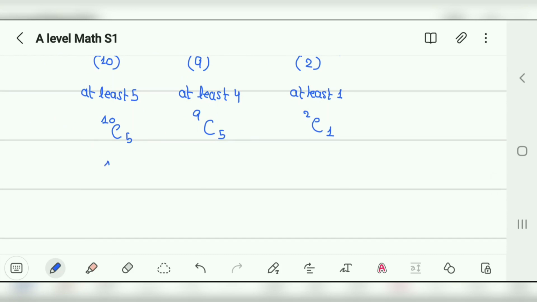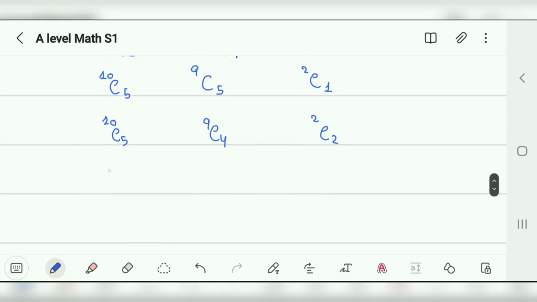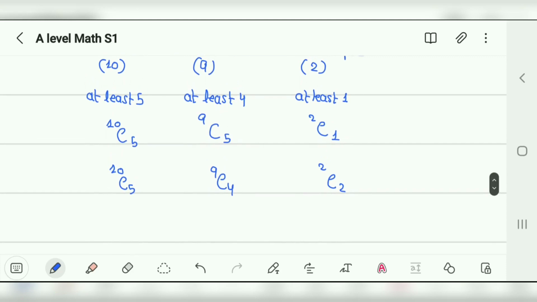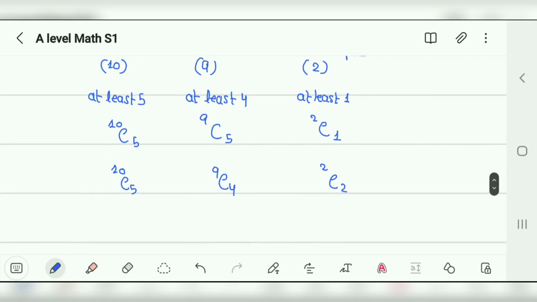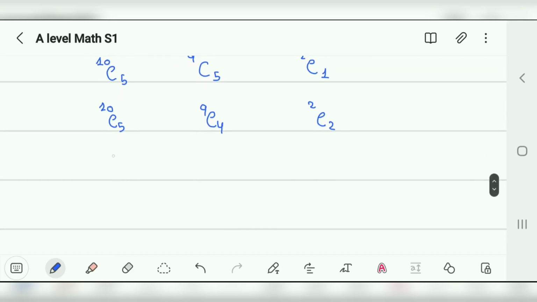I could also choose in this way, 10c5, 9c4, 2c2, or I can do in this way, 10c6, 9c4, 2c1.